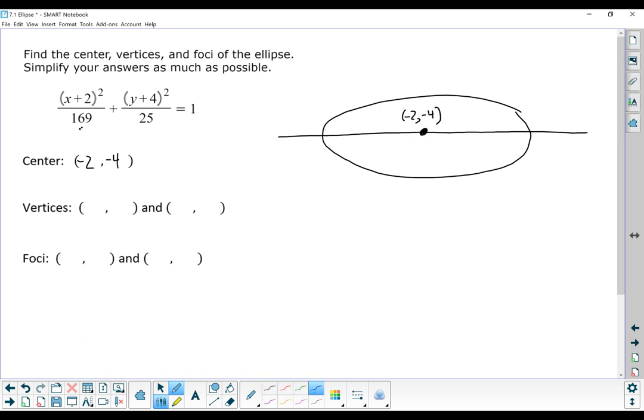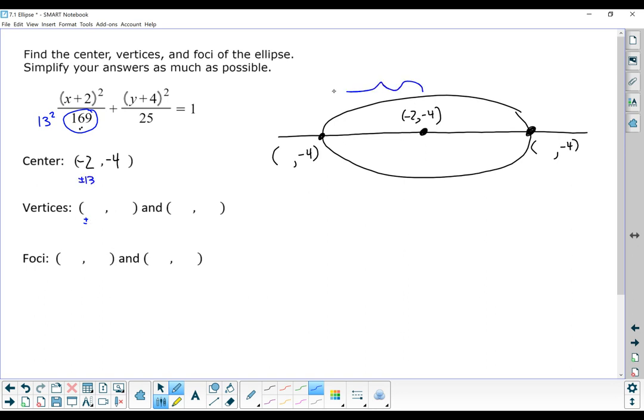To find the vertices, we need to think about counting out by this. 169 is 13 squared. So for our vertices, that y value is going to be the same. We need to figure out their x values, and we'll find those x values by adding or subtracting 13.